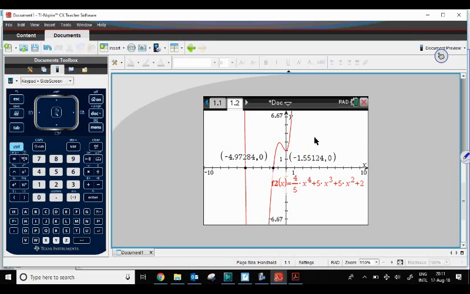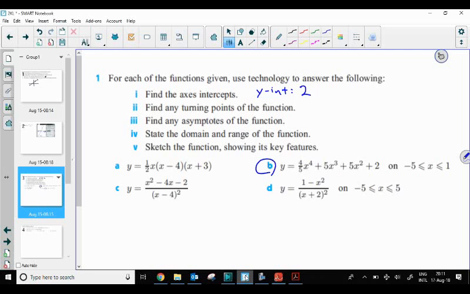There's another. So my 2 zeros will be negative 4.97 and negative 1.55, 3 significant figures each, of course.